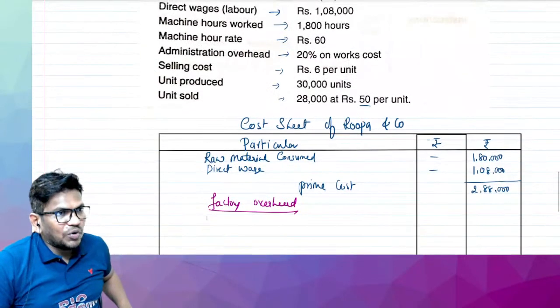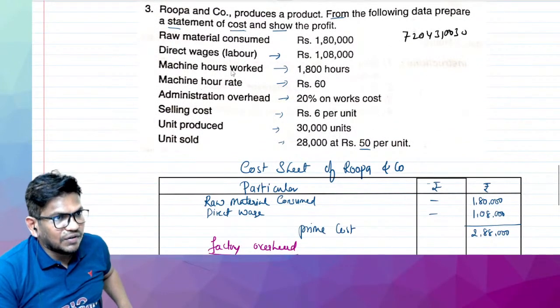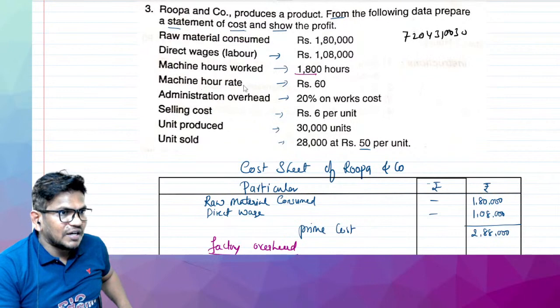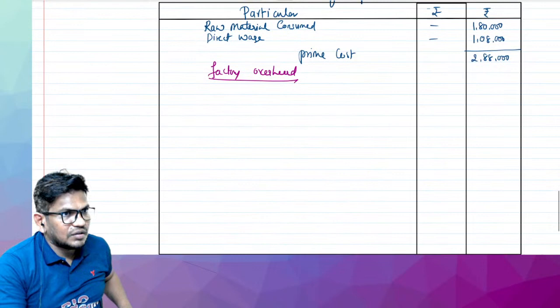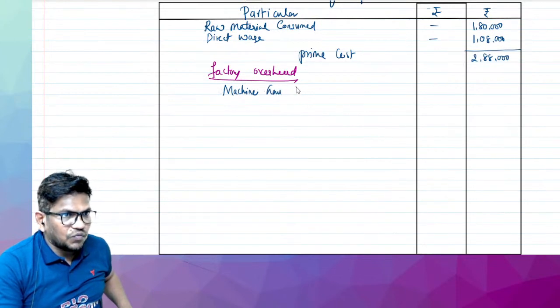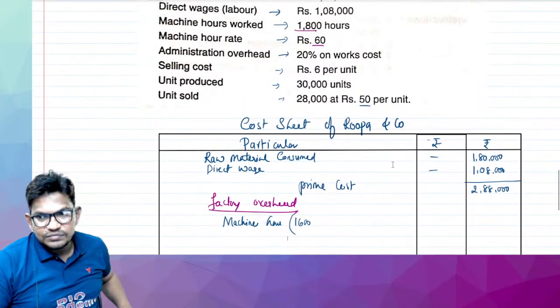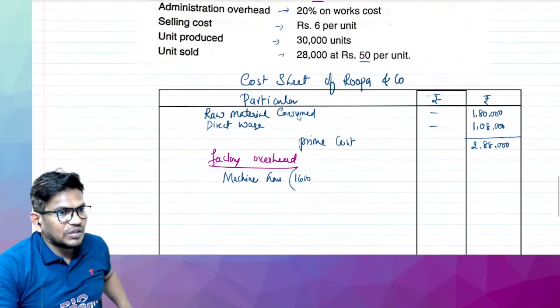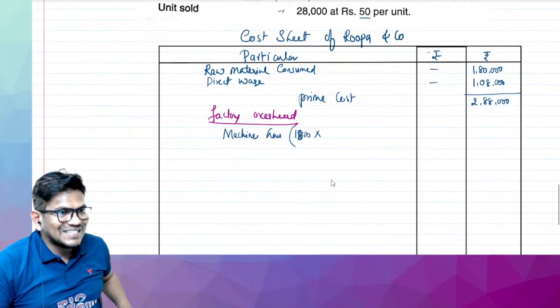So children, factory overhead. What does this say? Machine hour work, just have a look here, how much? 1,800. Machine hour rate 60. Yes Tabassum, the hours are 1,800, sorry, 1,800 multiplied by 60.